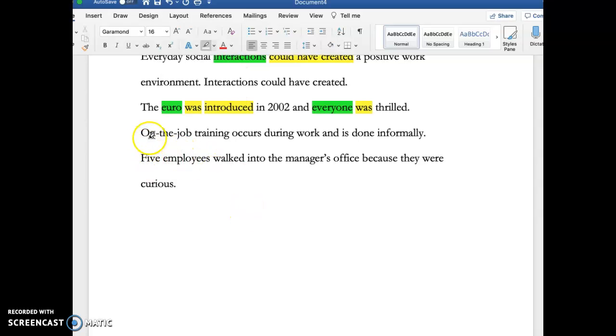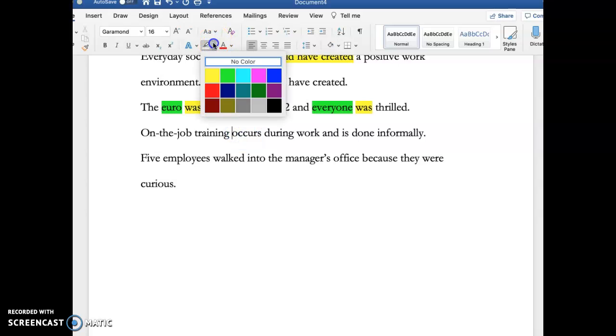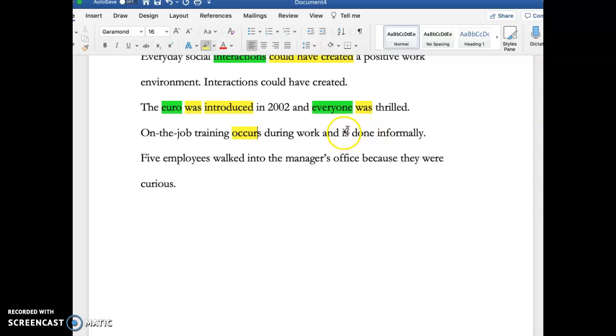Okay. On-the-job training occurs during work and is done informally. So in this case, my verb is occurs, means it happens, right? Let's see if I can get my yellow highlight here. Okay. And I have another verb, is done informally. What occurs? The training does. Just the training.